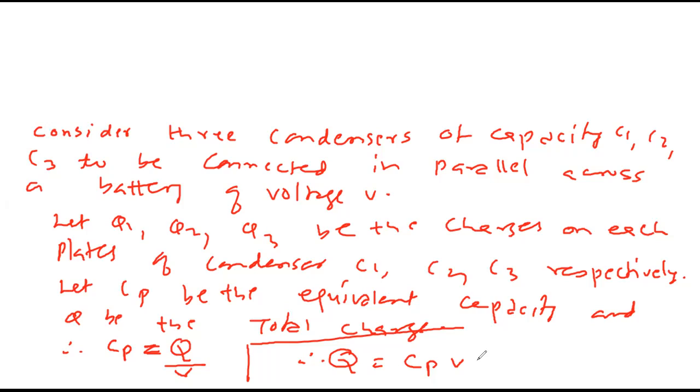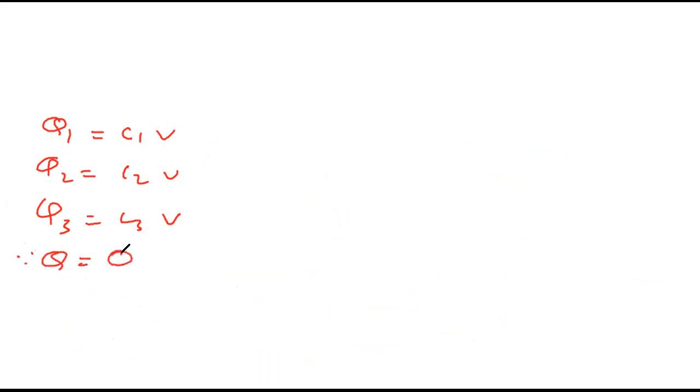See, basic what I am doing: whichever quantity is changing, that I am separating and writing the formula. So I will get Q1 as C1V, as V is constant. Q2 is C2V. Q3 is C3V. Total charge Q is Q1 plus Q2 plus Q3.